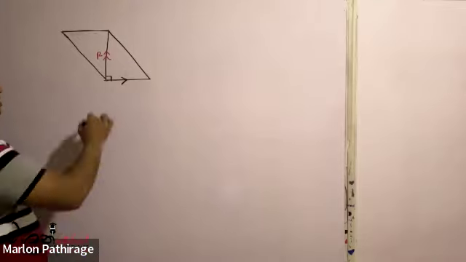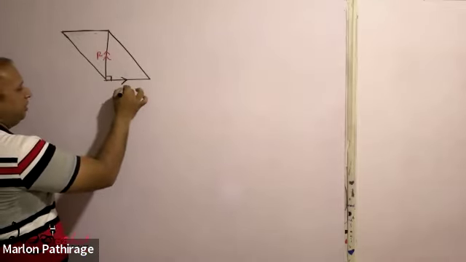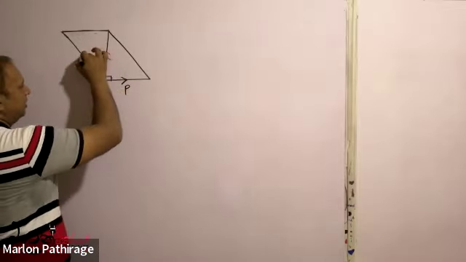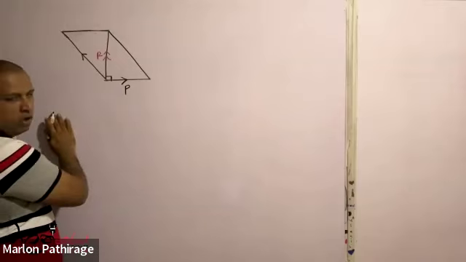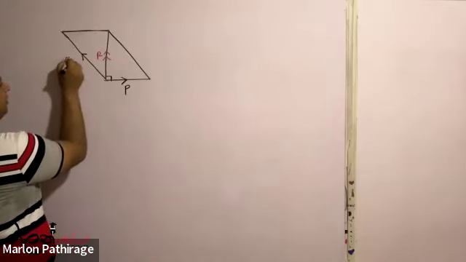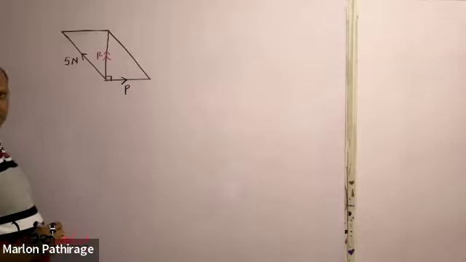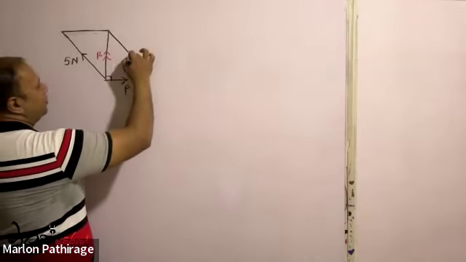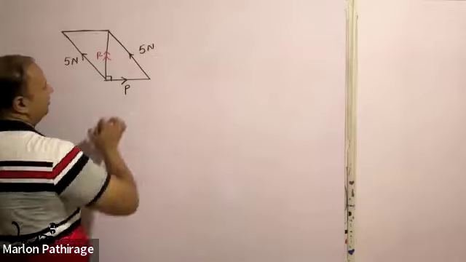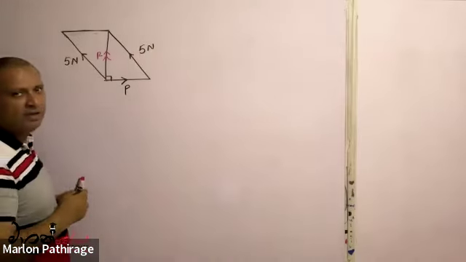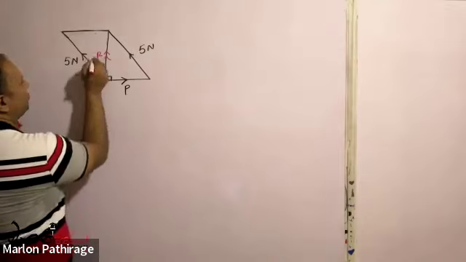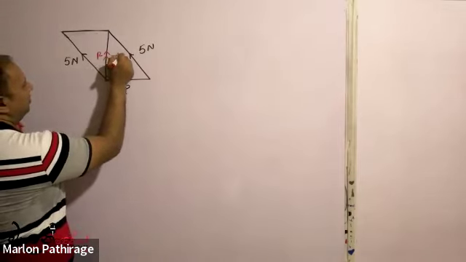If this is P, this one is Q. Q is given, it is 5 Newton, and therefore this one also 5 Newton. R also given, it is 4 Newton.